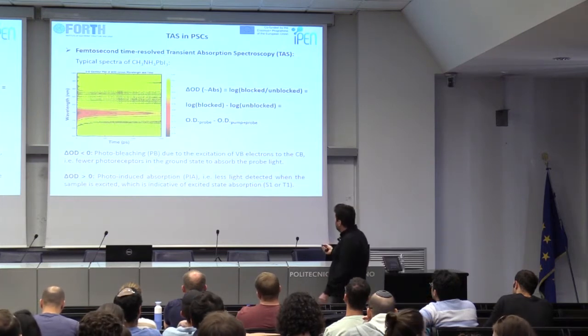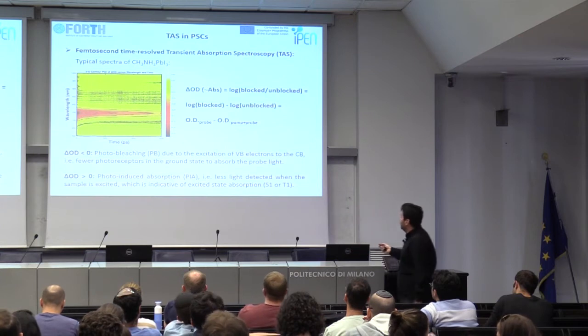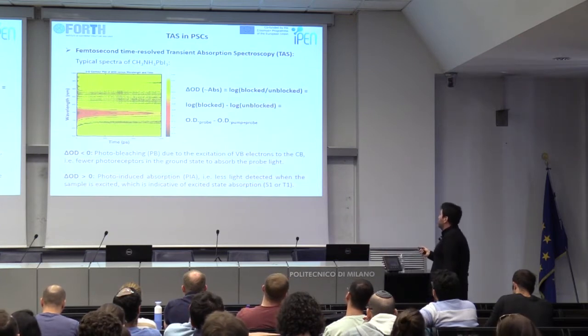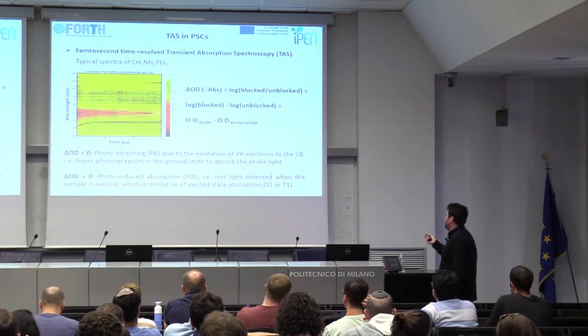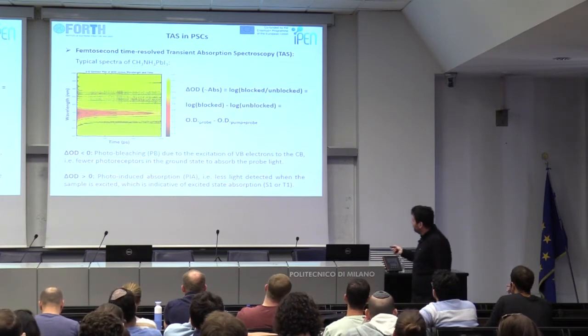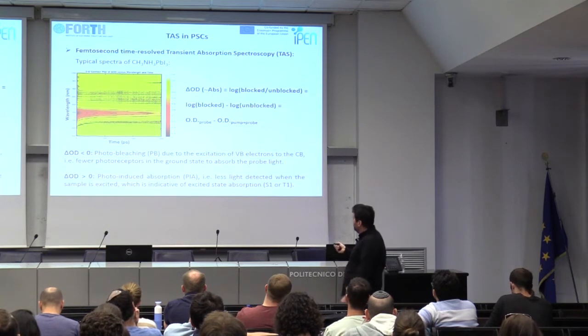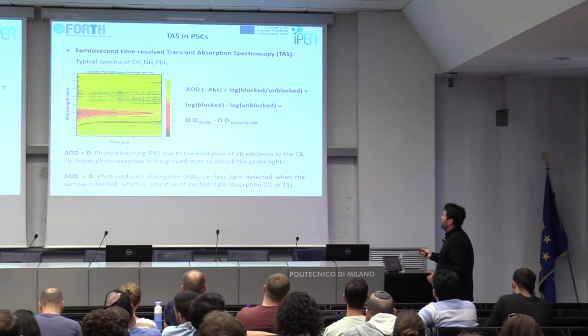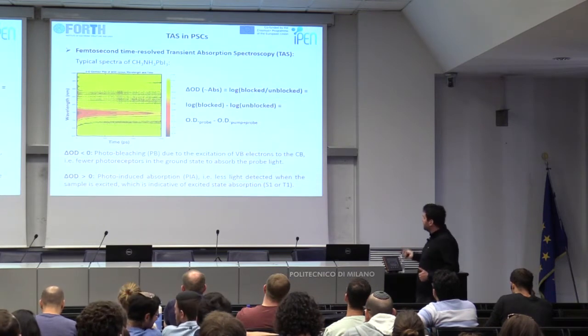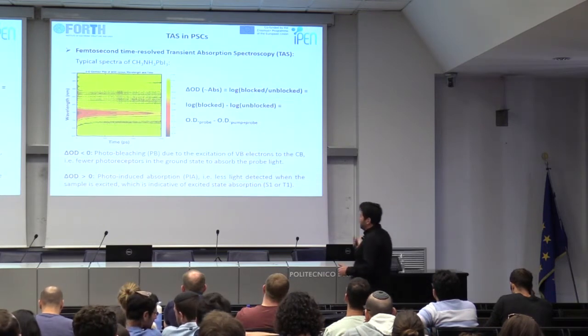Sorry. So basically here, the difference of absorption is the logarithm of when the beam is blocked over when the beam is unblocked. And if we do that, it ends up with the optical density of the probe only, minus the optical density of the pump plus the probe.